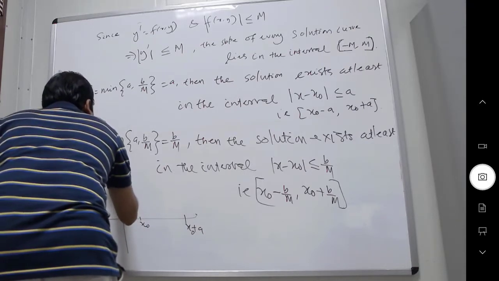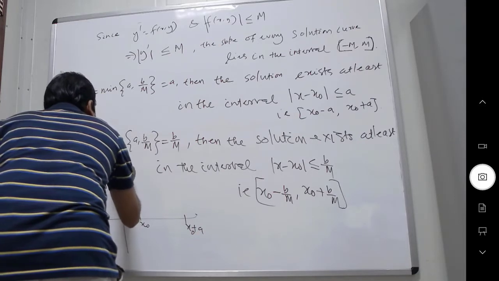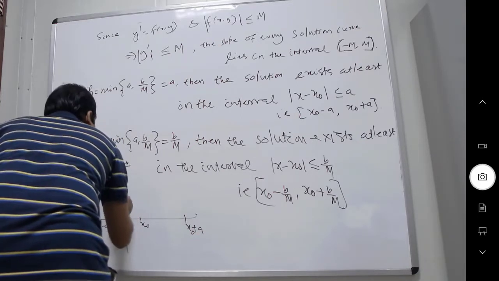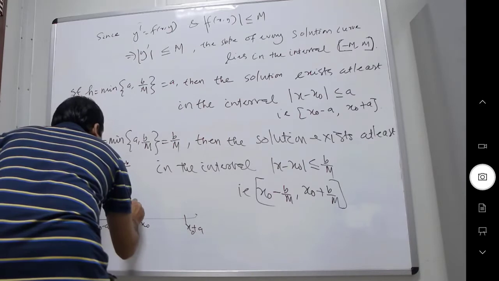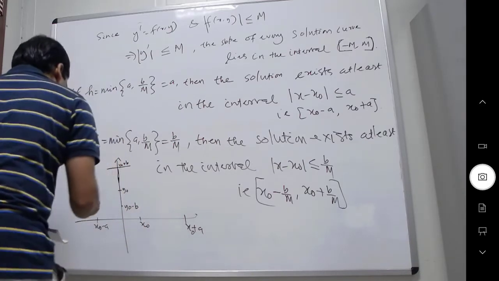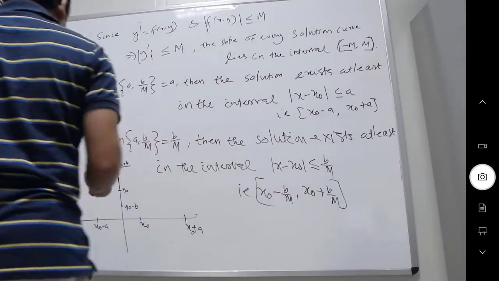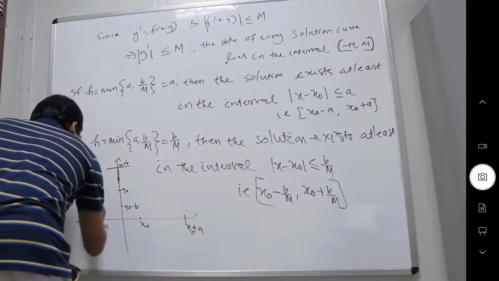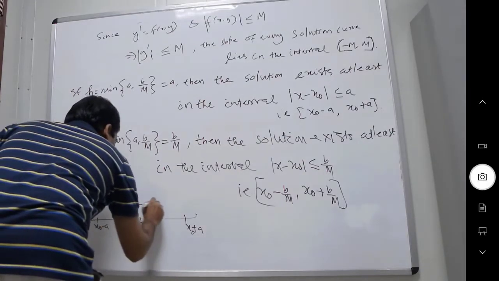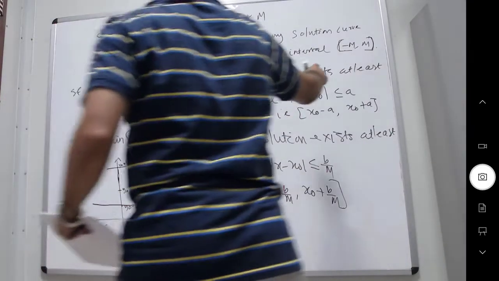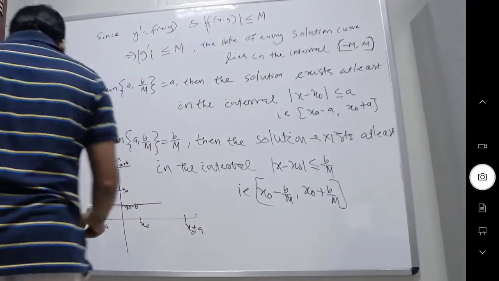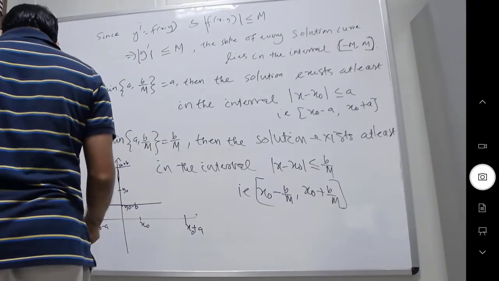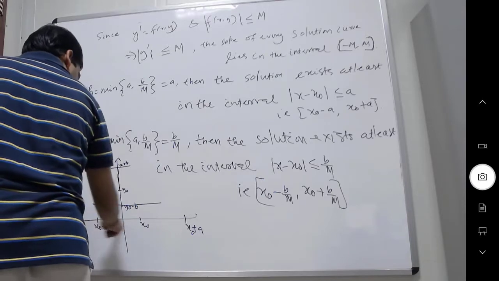This is the point y naught plus b and this is y naught minus b, and you have the rectangular region, mod x minus x naught less than a.